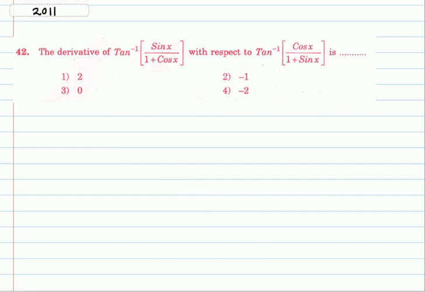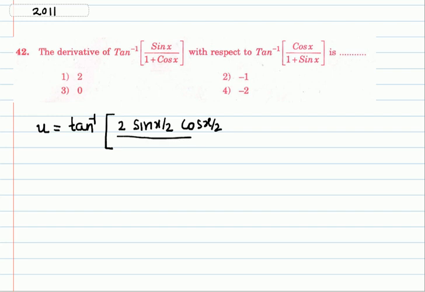The derivative of tan inverse of sin x by 1 plus cos x with respect to tan inverse of cos x by 1 plus sin x. Before that, let us simplify the function. Let me take u is equal to tan inverse of sin x divided by 1 plus cos x, which you can write as 2 sin x by 2 into cos x by 2, and whole divided by 1 plus cos x, which can be written as 2 cos square x by 2.